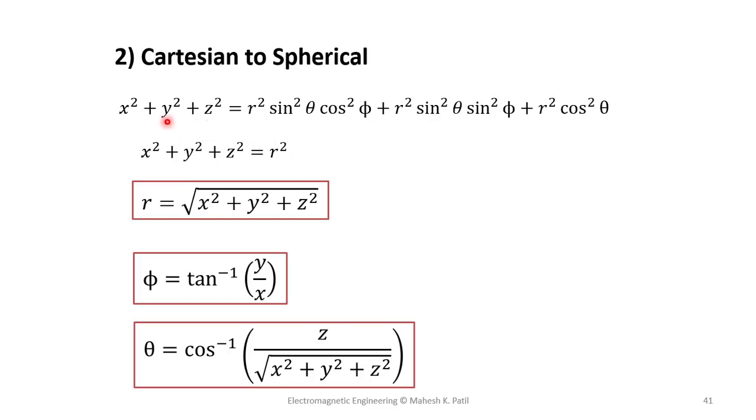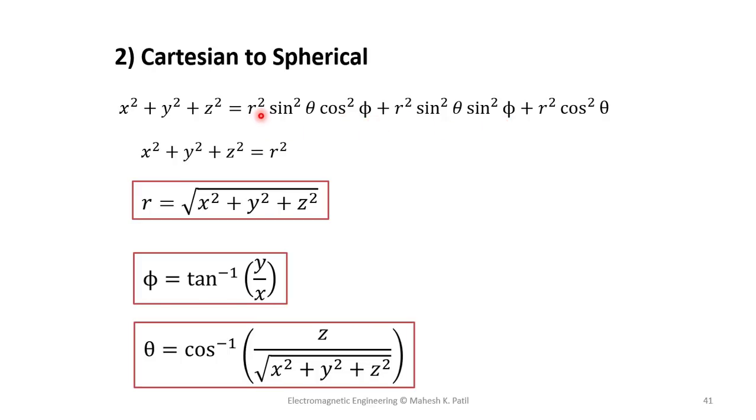If I square and add all these, I will get r square sin square theta cos square phi plus r square sin square theta sin square phi plus r square cos square theta. To solve this, take r square sin square theta common from the first two. What remains in the bracket? Cos square phi plus sin square phi, and this answer is 1.